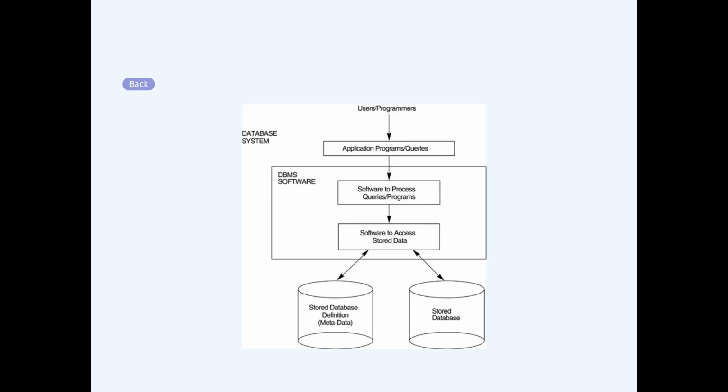So how they interact with the database management system software is using application programs or queries, or sometimes what we call prepared statements. And within the database side, usually we will have metadata, that means the data about data, as well as the actual data, which we call the stored database.